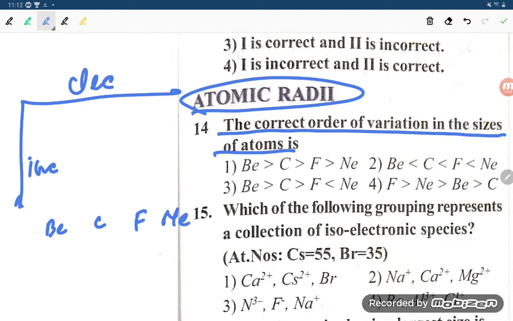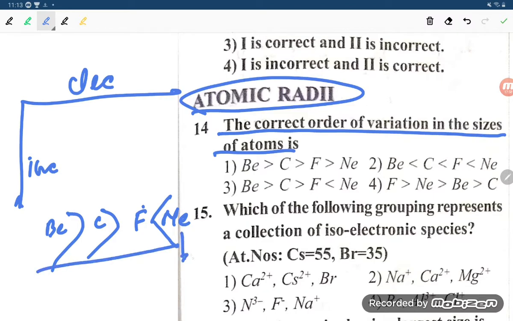So students, what will happen? Beryllium will be the largest in size, then carbon, then fluorine. But fluorine has a smaller radius than neon, student. Why smaller than neon?